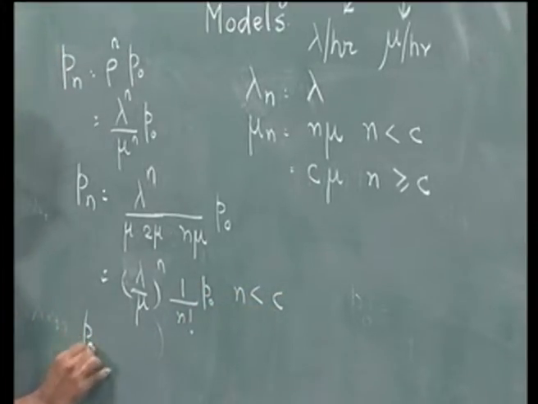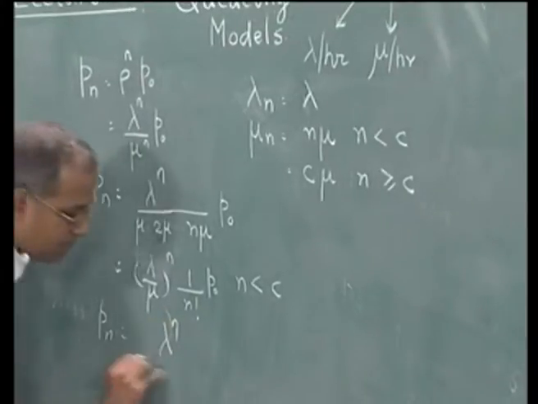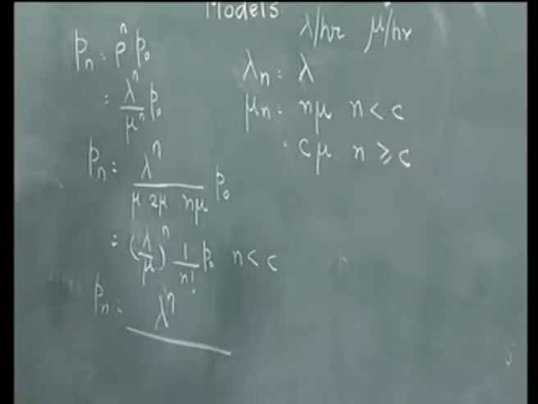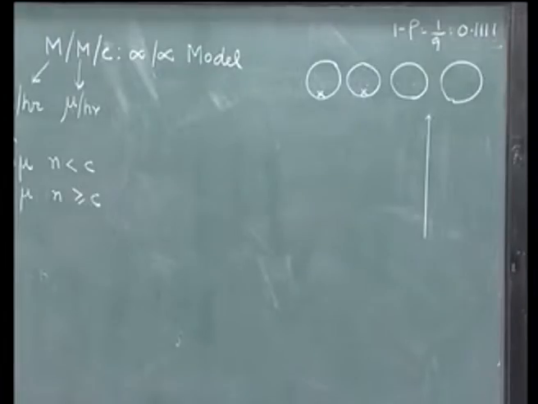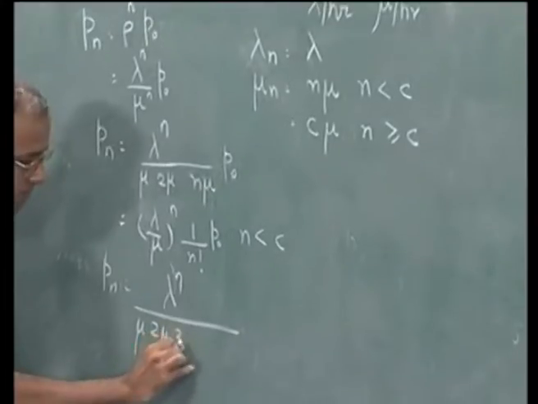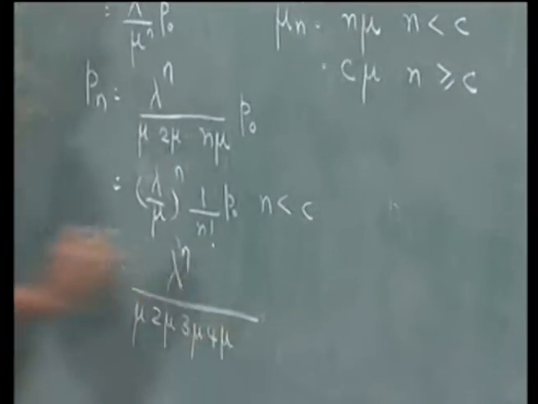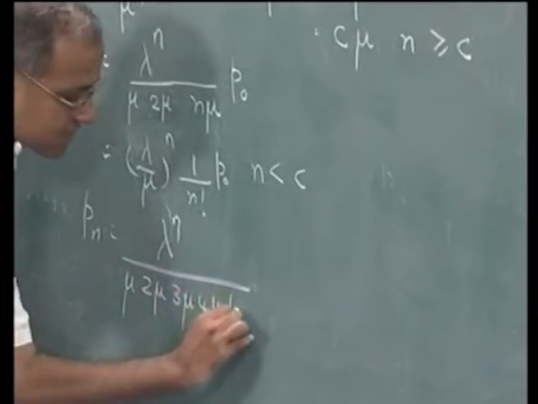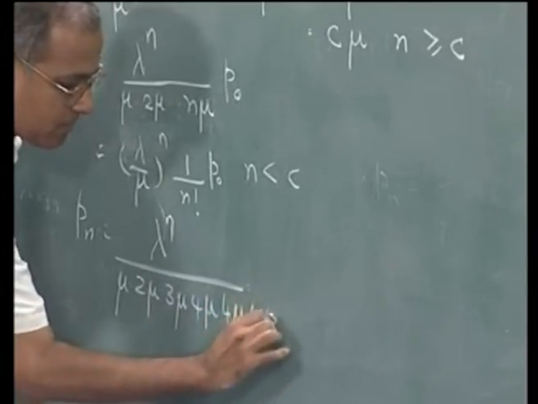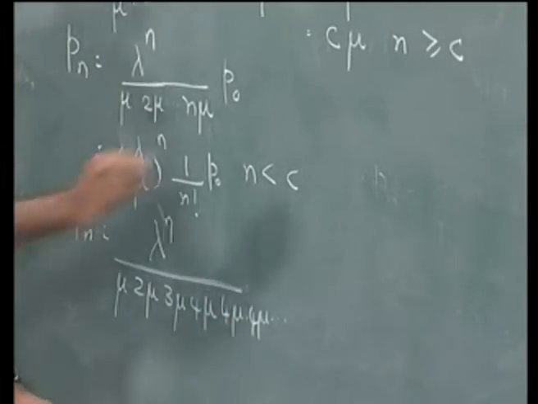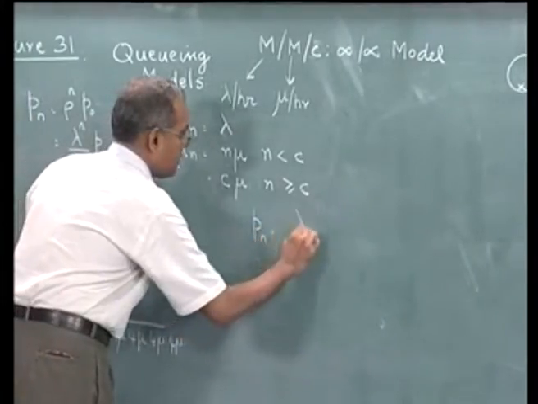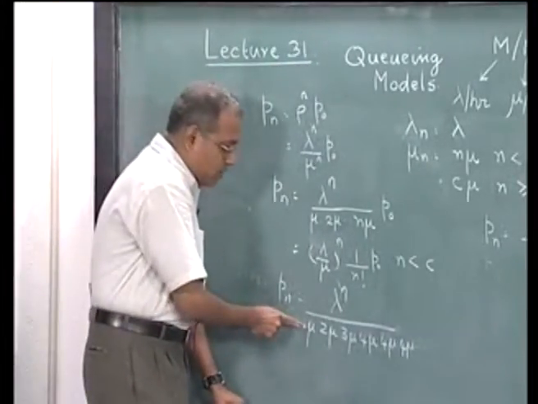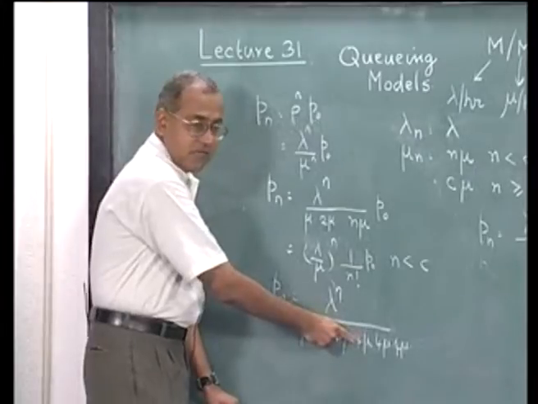And the same Pn will be lambda power n by, if the number of people in the system is say 6 and c is 4, we will then have mu, 2 mu, 3 mu, 4 mu, and if we have 5 or 6 or 7, the service rate is always going to be 4 mu, 4 mu, and so on. So, this will become Pn is equal to lambda power n by, this is 1 into 2 into 3 into 4, now c is 4.